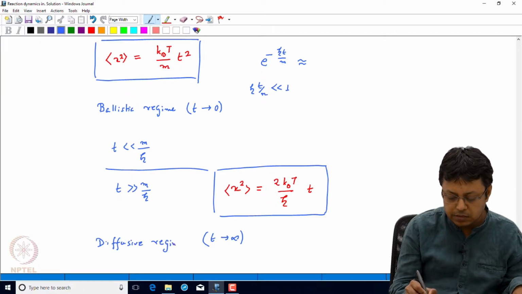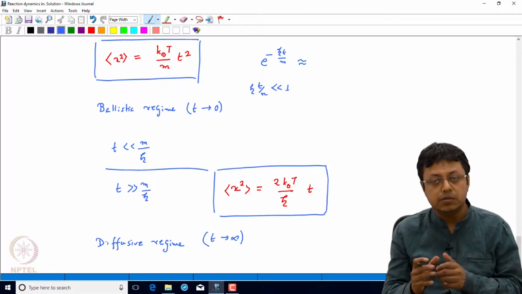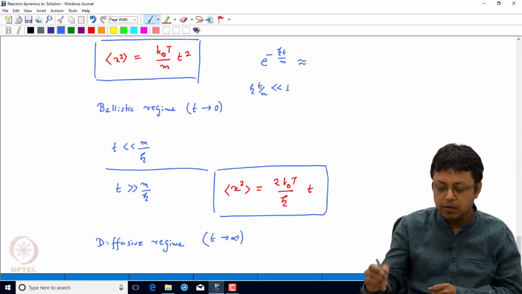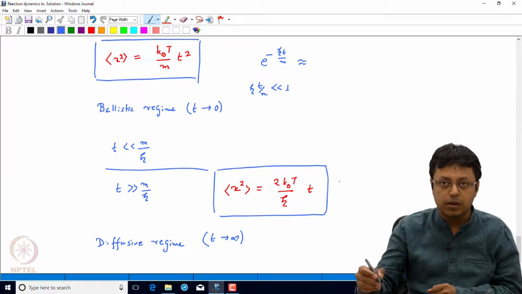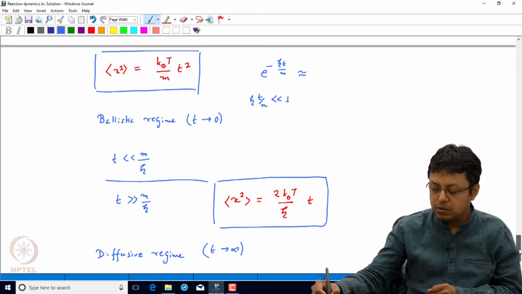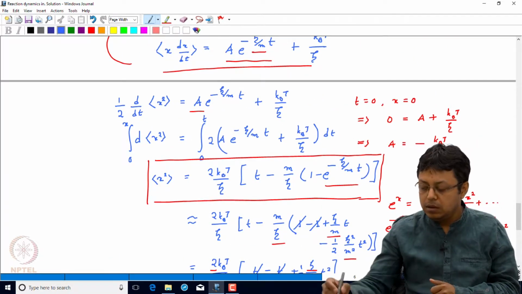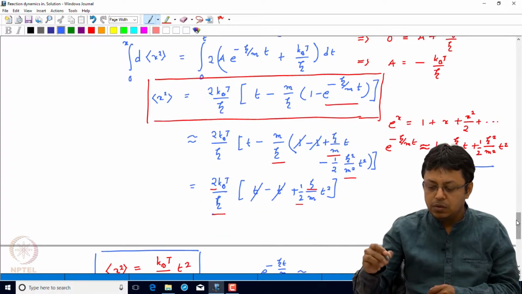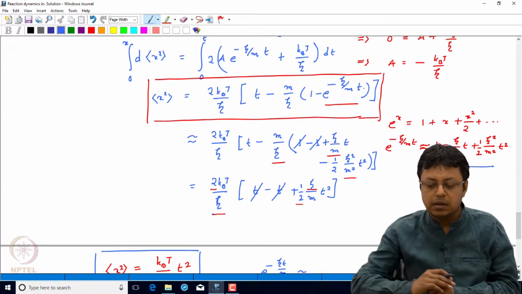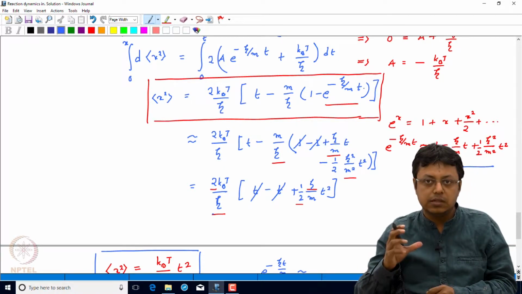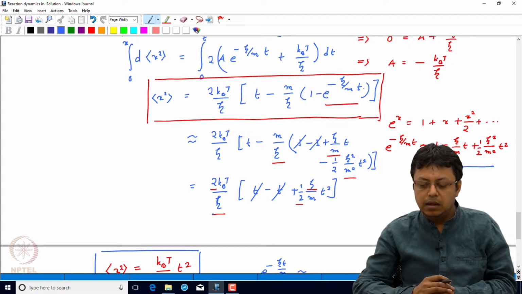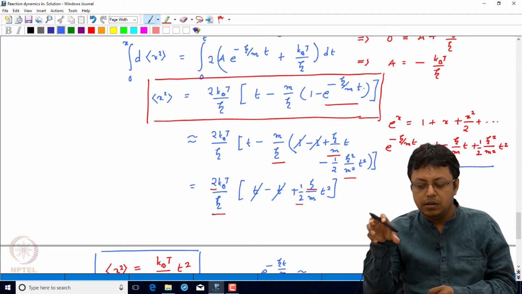So, it is in the diffusive regime. Now, this mean square displacement equation, again you can figure it out, and we will show you in the handout how basically it comes. So, do not make this approximation, do not truncate this series up to this point, and then you can ignore the entire term e to the power minus zeta by m into t, because that is a very small number now, as it basically goes as e to the power minus infinity, because t is very large.